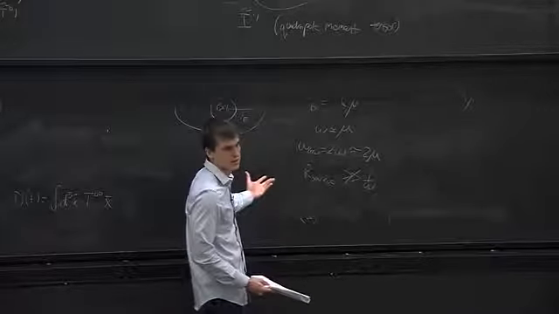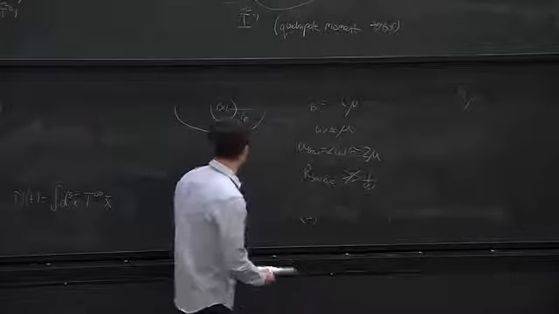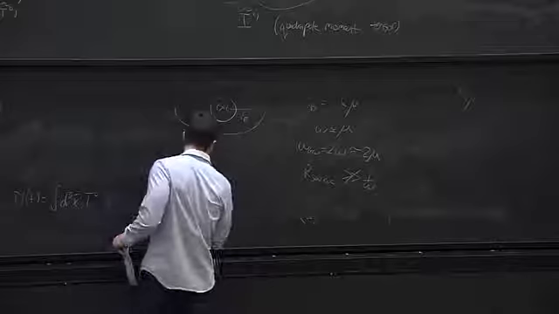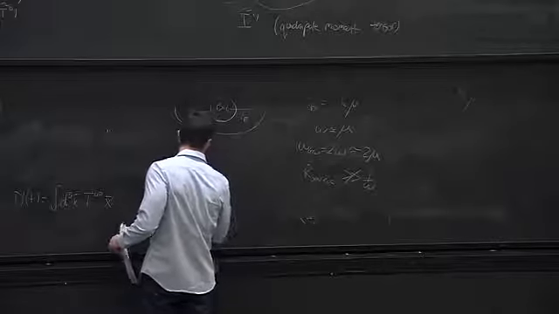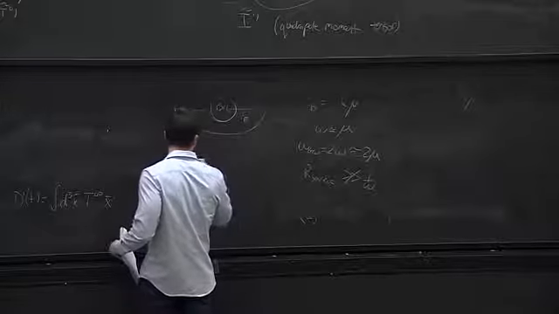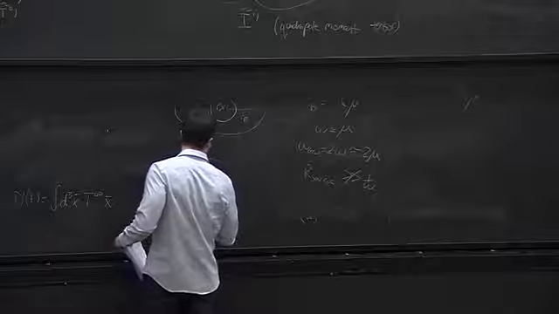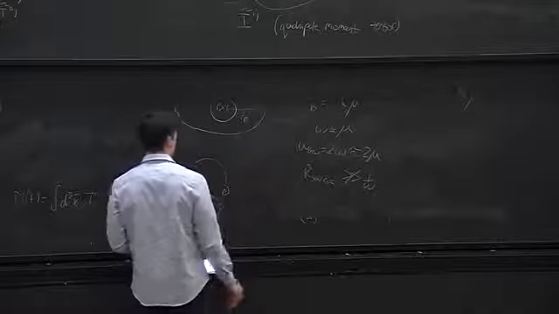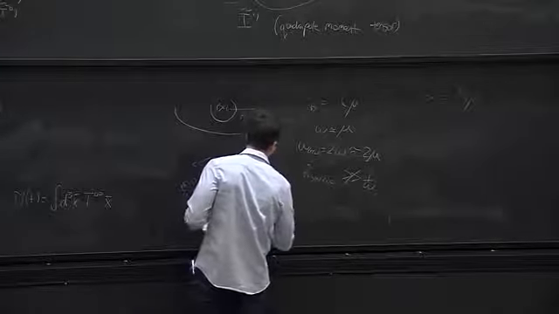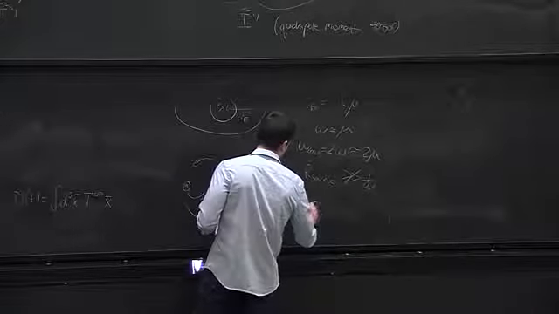This is in contrast with the circular binary case, for example. So there, if we have two objects of mass m and they're in some circular orbit, and call this distance between them 2r, the frequency of the gravitational waves is going to be twice the orbital frequency.